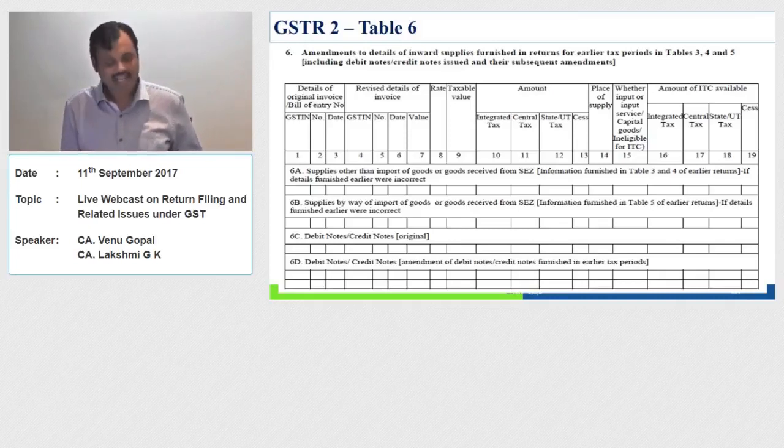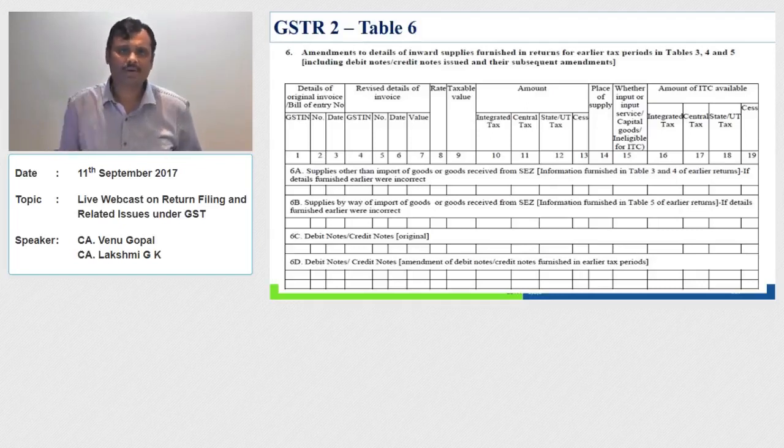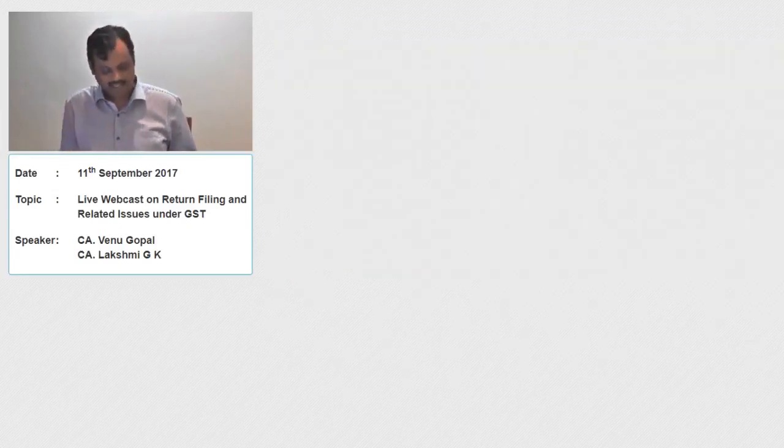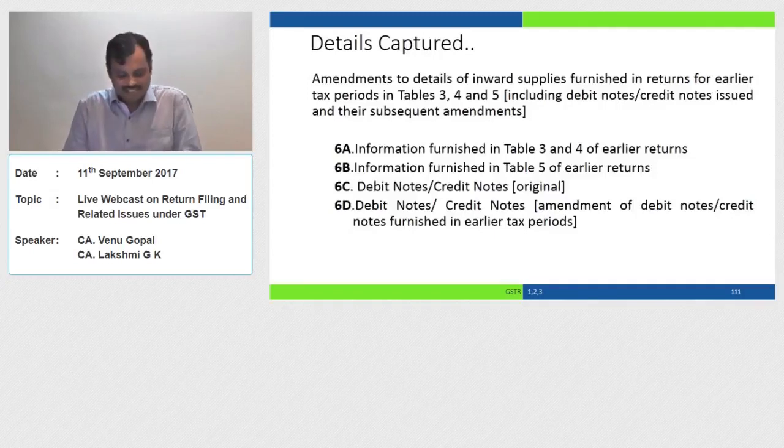All these I can amend. Along with the amendments, credit notes and debit notes are also reported under the same table. Even if I made a mistake in a credit note or debit note in the past, the same mistake can be corrected under the same table, which is 6D.